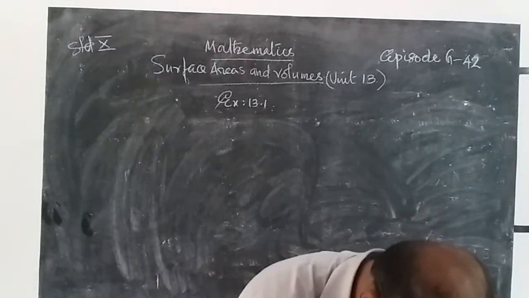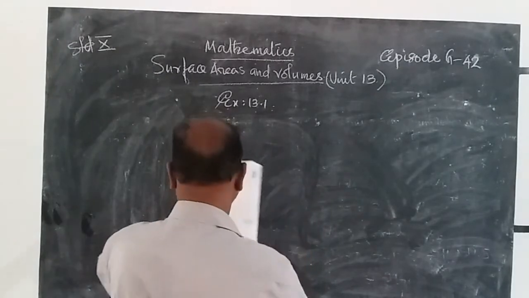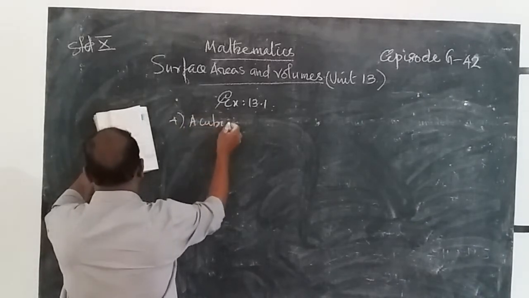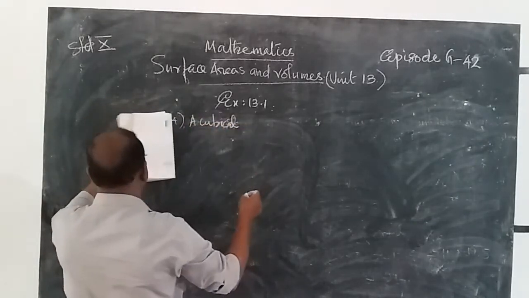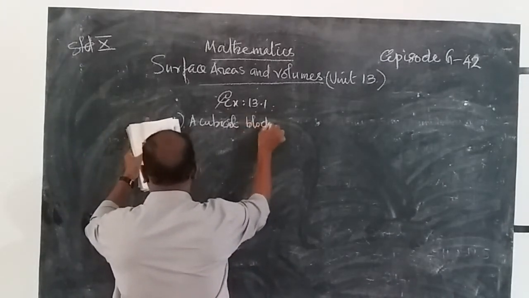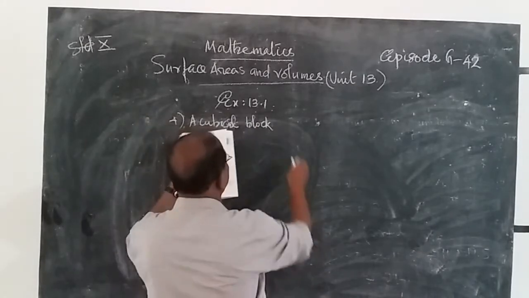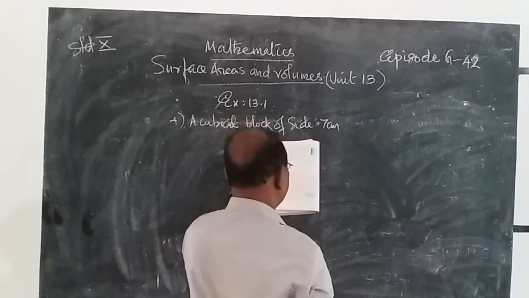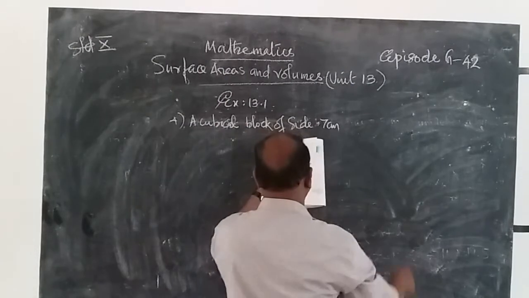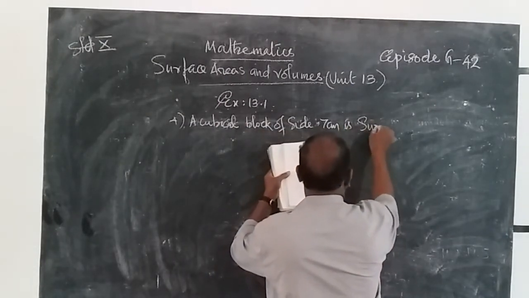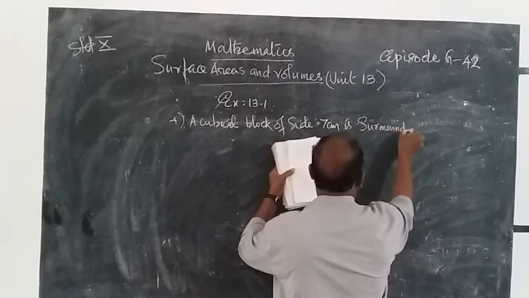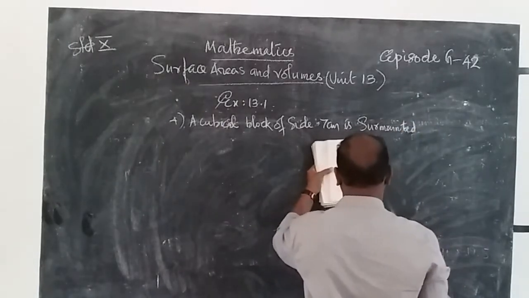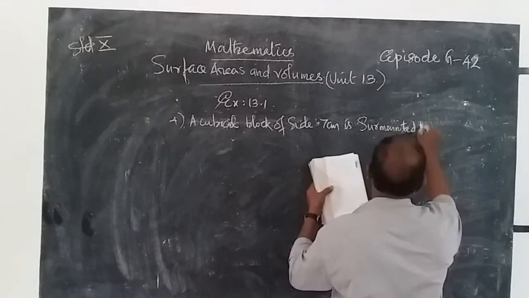Then question number 4. A cubical block of side 7 centimeter is surmounted by a hemisphere.